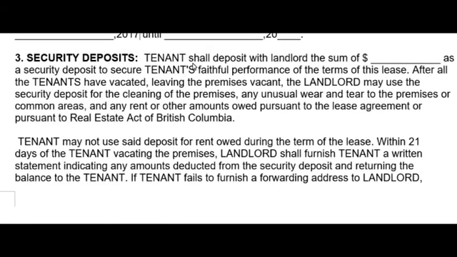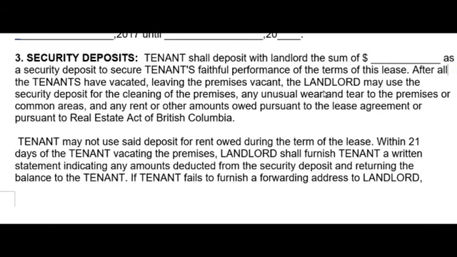3, security deposits. Tenant shall deposit with landlord the sum of, and here you put the sum of money, as a security deposit to secure tenant's faithful performance of the terms of this lease.